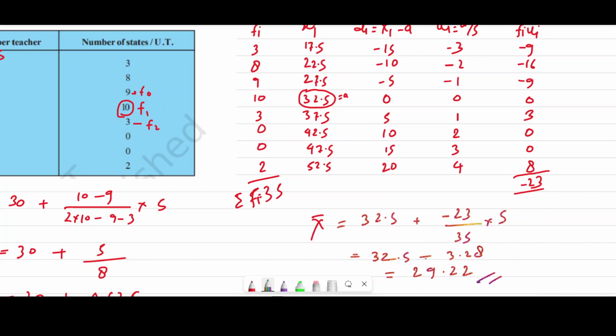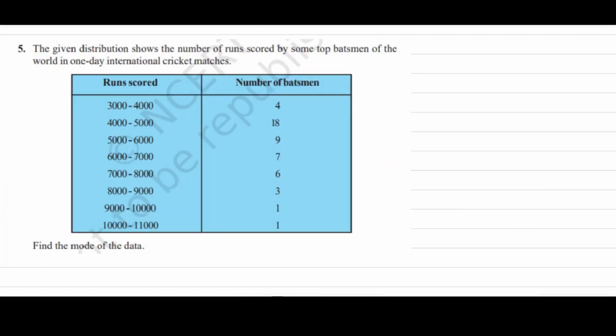Clear? Now we should move on to the next question. Question number 5. Here the given distribution shows the number of runs scored by some top batsmen of the world in one day international cricket matches. Now runs scored are given with the number of batsmen. Now find the mode of the data.